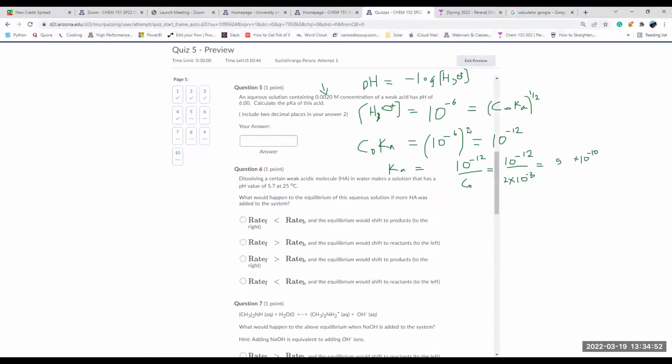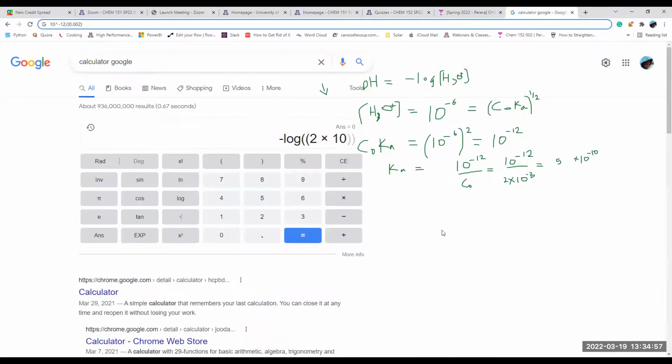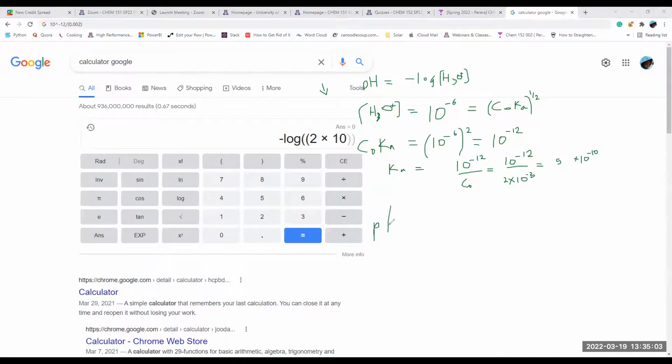Now going back to the question, that's the Ka, but what I need is the pKa. Again, pKa is minus log of Ka, the minus log of the Ka value, which is 5 times 10 to the power of minus 10. That gives me a 9 point something. So let's do this on Google Calculator.